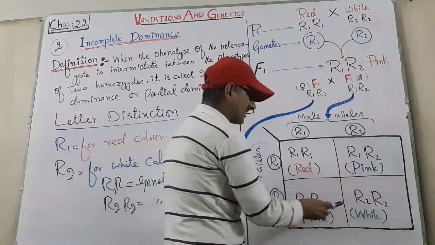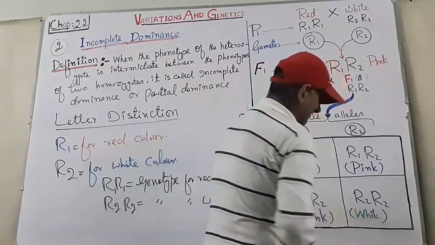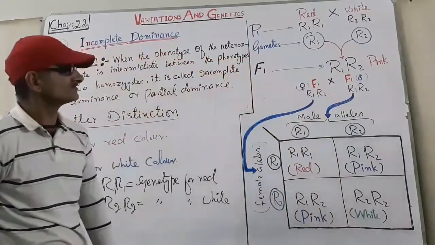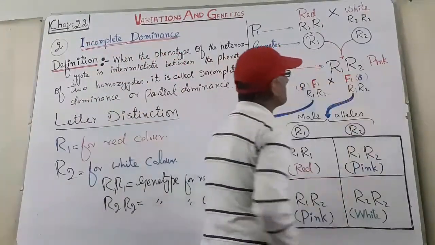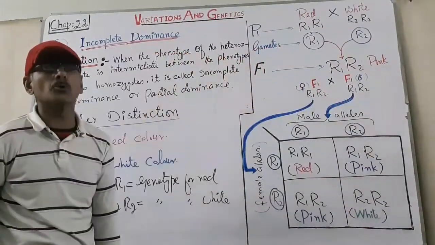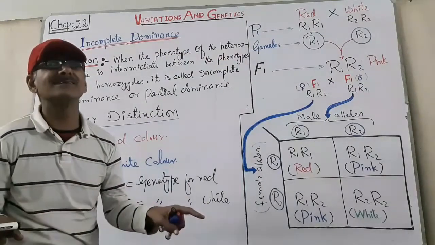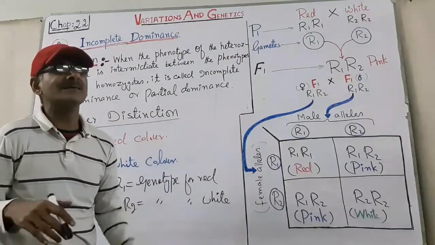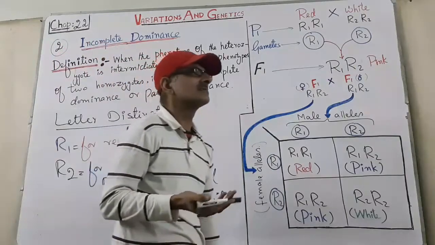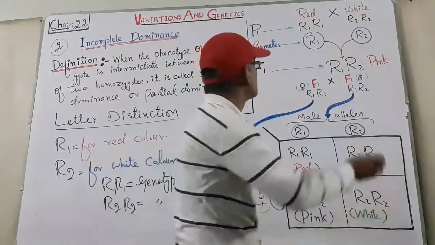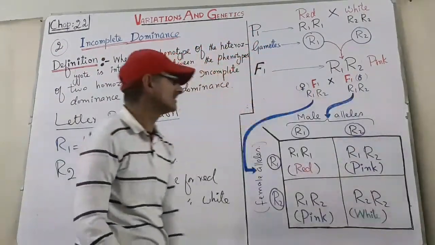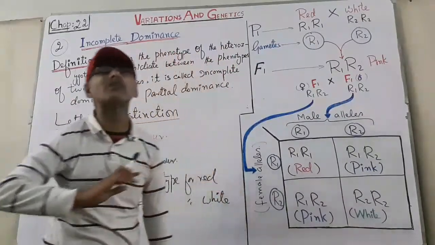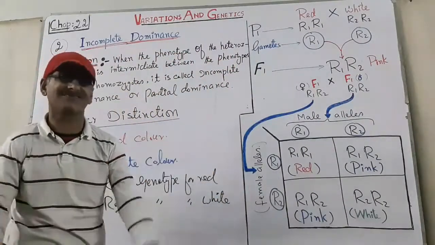Two are pink flowered plants, and one is a white flowered plant. In F1, R1 and R2 are segregated when gametes are formed during meiosis in the F1 progeny, and so there is no blending at genetic level.